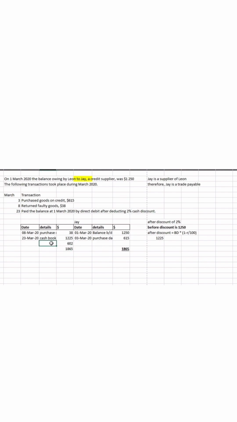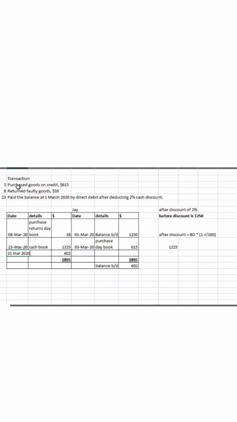The difference is called balance carried down and then I bring the same value down and call it balance brought down. Dates are very important. Balance C.D. is end of month date, which is the 31st of March 2020, and balance B.D. is beginning of next month date, which is the 1st of April 2020.